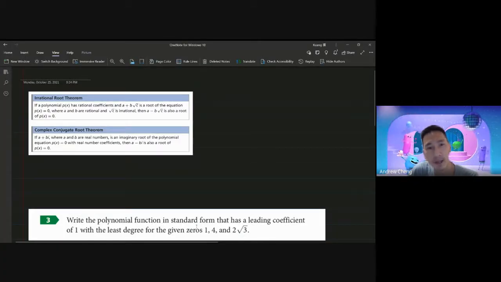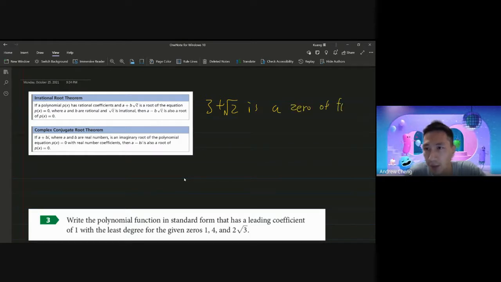Hi, in this video, I want to introduce the irrational root theorem and the complex conjugate root theorem. So if I have a polynomial and 3 plus root 2 is a zero of f of x, this is irrational because root 2 is not a rational number.